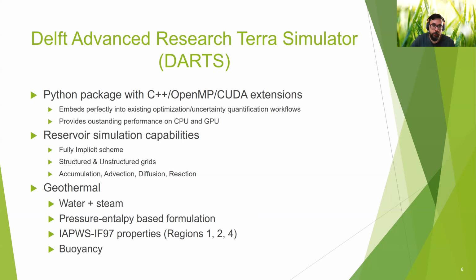In particular, geothermal application for now includes 2 phases, water and steam, and a single water component. We use pressure enthalpy based formulation, and all the properties are computed externally using the IAPWS library, specifically regions 1, 2, and 4.